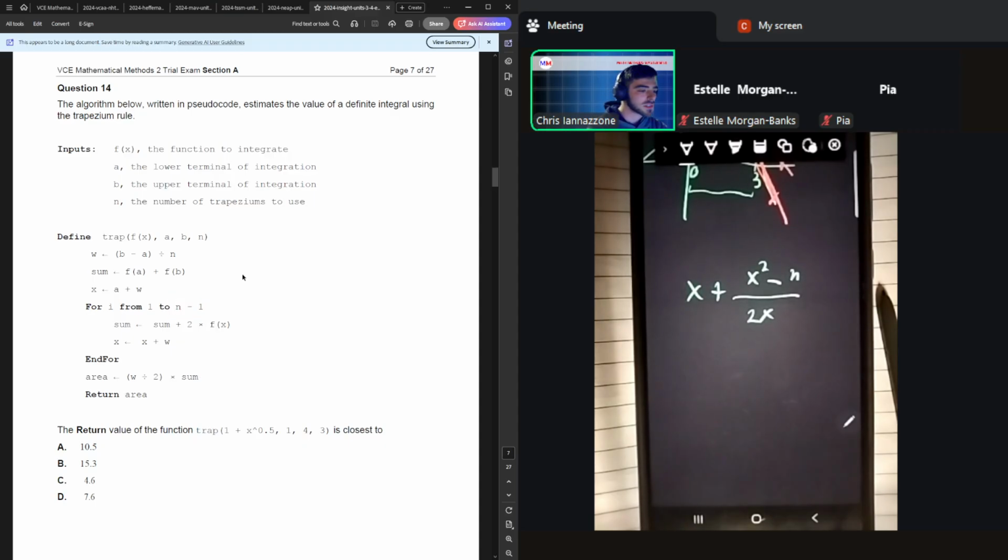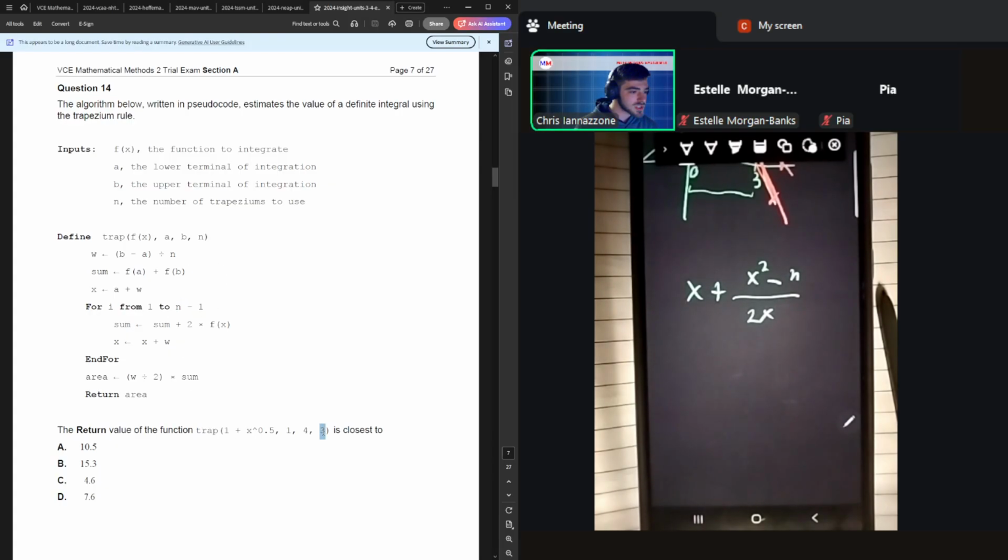Now that's interesting. They've done it to n minus 1, and the number of trapezoids to use. Yeah, that's fair. I think the other one used a while loop, if I remember correctly. That is effectively the same as just saying n minus 1. But okay, so this is going to run the exact same way as the other one. This initial bit is going to find the 2 n values for the y values. Then we're going to loop n minus 1 times.